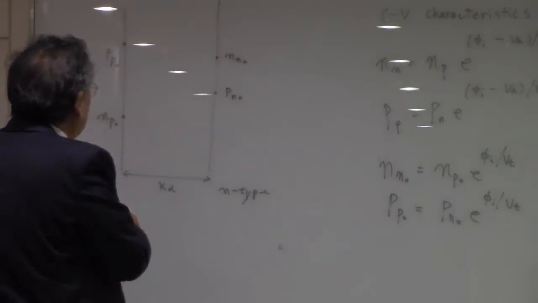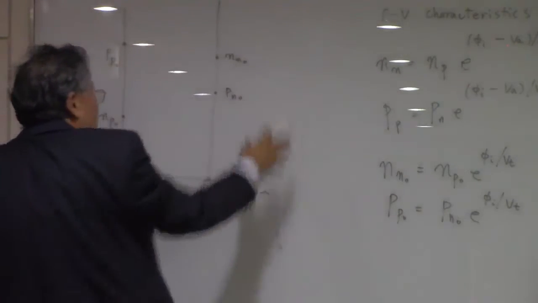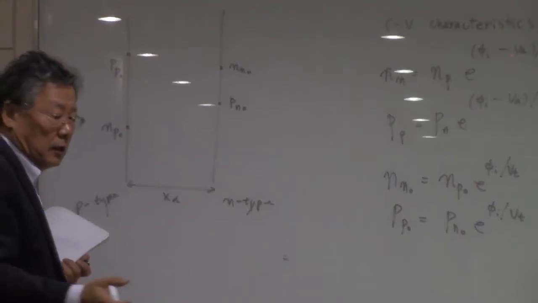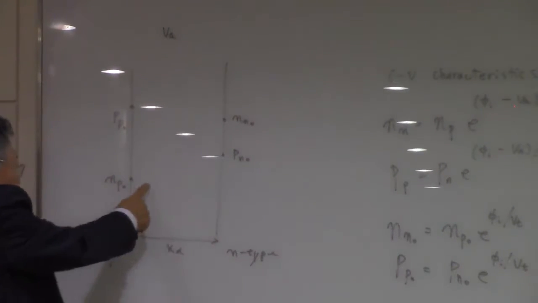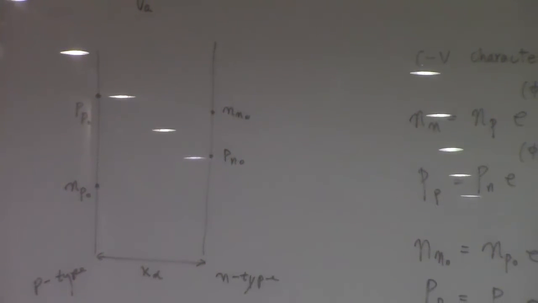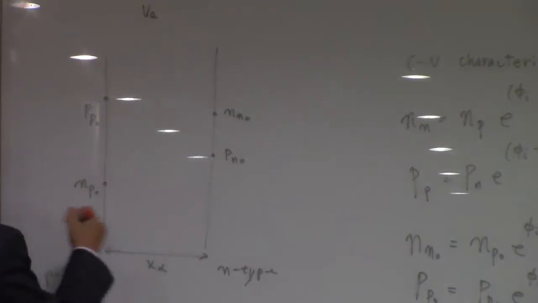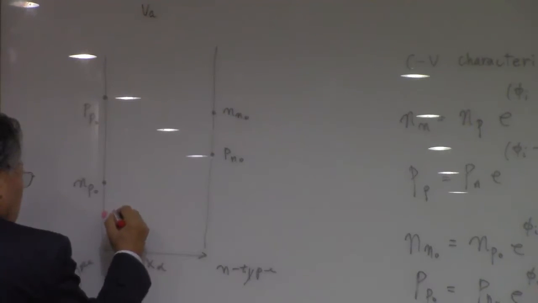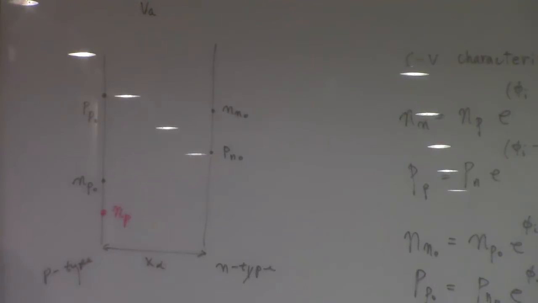And by applying voltage Va, now this majority carrier is not going to change much. That is low-level injection. But this minority carrier is going to change. It is going to set a new value here, which is n_p, the new minority carrier.